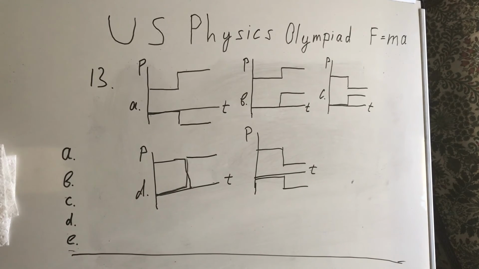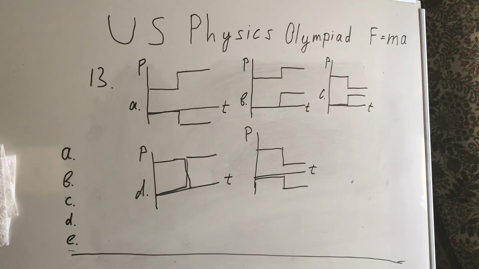Problem number 13. A particle moves along the x-axis. It collides elastically head-on with an identical particle initially at rest. Which of the following graphs could illustrate the momentum of each particle as a function of time? We know that during an absolutely elastic collision of two identical particles in one dimension, 1D, after collision they will exchange momentums.